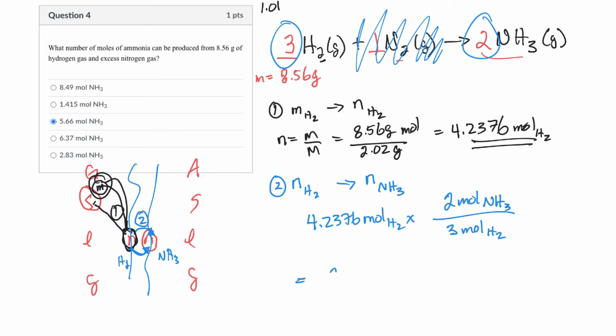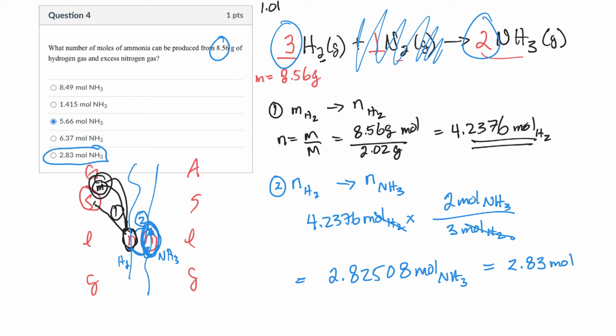So I'm getting 2.82508, etc. These cancel, so this will be moles of ammonia. So now I've crossed the river, I'm at that stage right there, and that's what they were looking for. So to round this to sig figs, I've got 3 sig figs here, so it'll be 2.83 moles of ammonia right there.